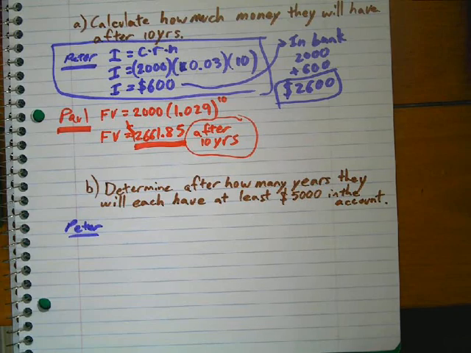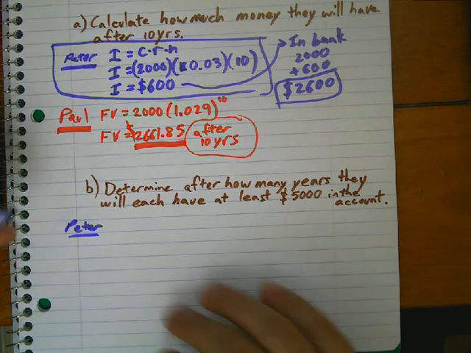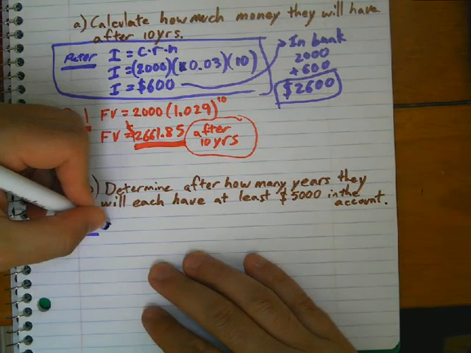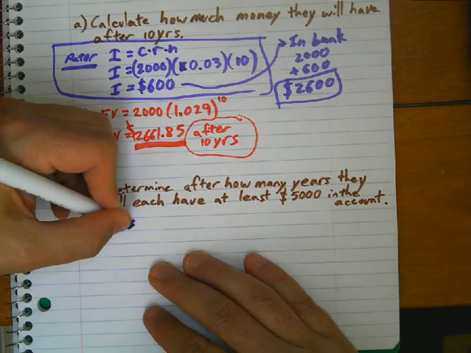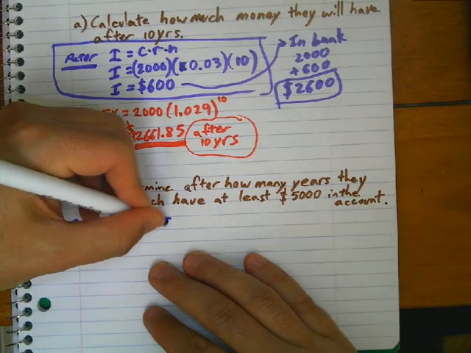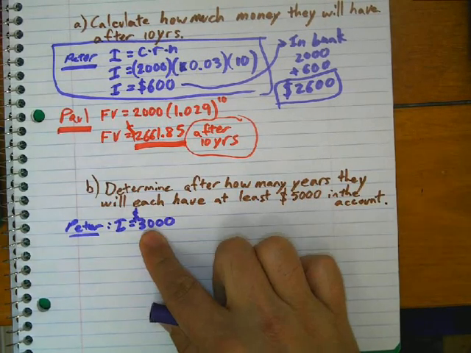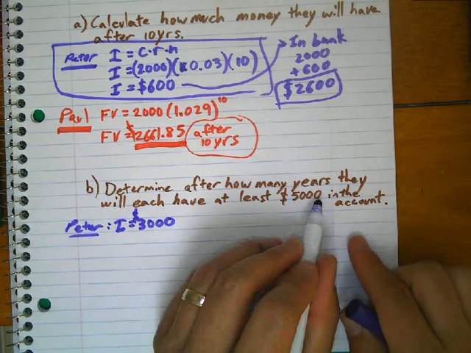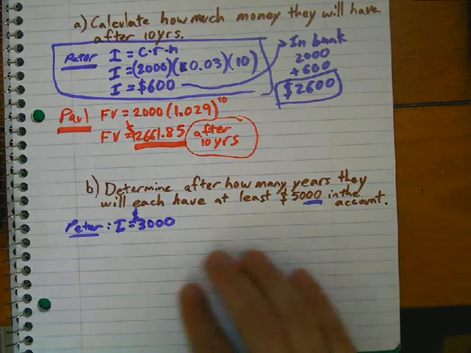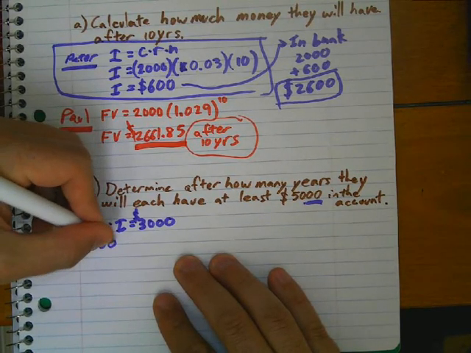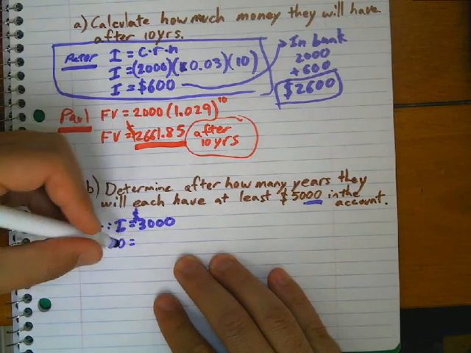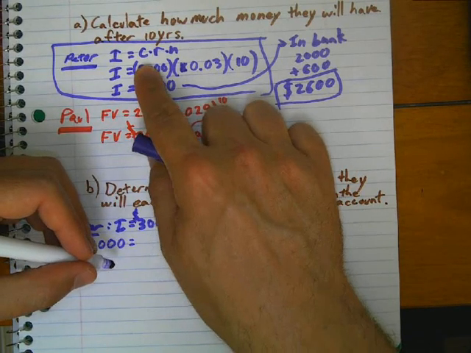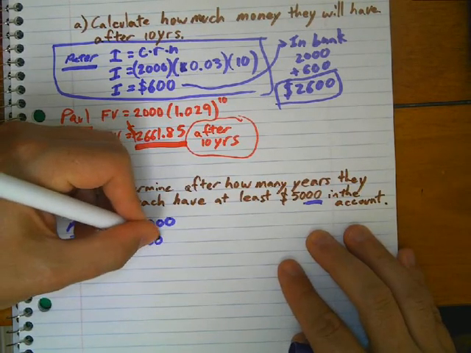So in order to have 5,000, we know that I has to be 3,000, because if we're starting off with 2,000, we need to grow 3,000 in order to get 5,000, right?